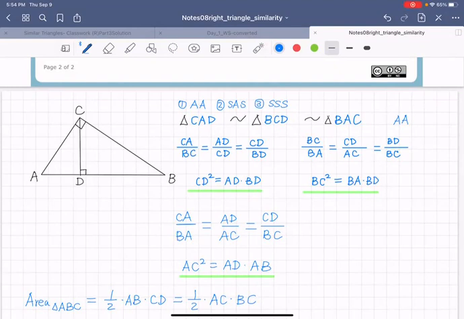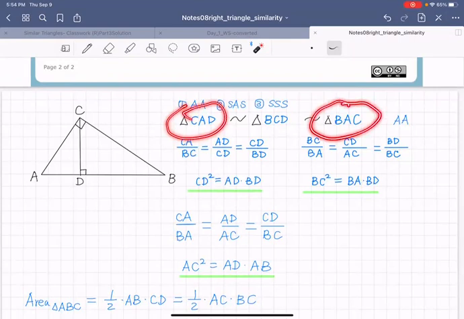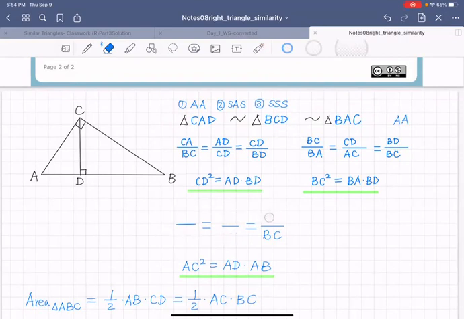Now watch out here. This triangle and this triangle are also similar, correct? Valeria? This first and the third one are also similar. Go ahead and write down another proportion, please. Okay, so CA over BA equals AD over AC equals CD over BC.